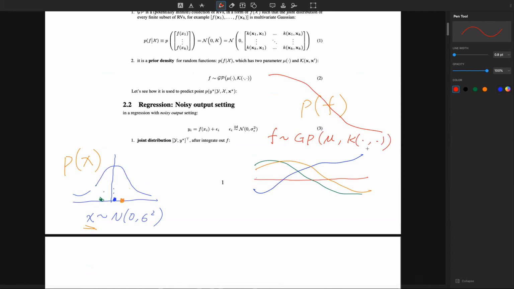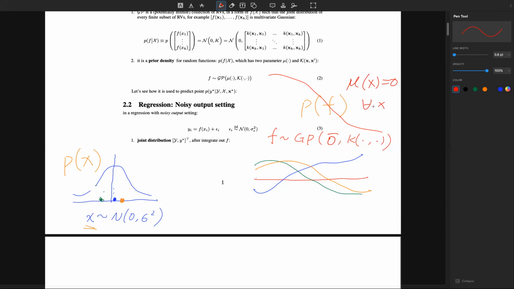These two parameters completely describe your distribution over your function. You just need these two only. And just to make things even simpler, we change the mean function to be 0. We just say mu of x equals 0 for all x.